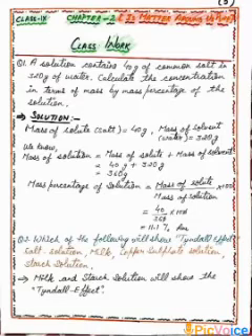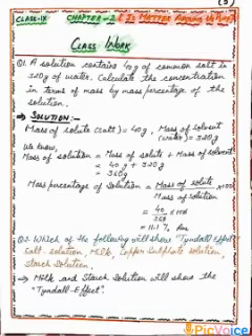Now, putting the value of mass of solute and mass of solution in the above formula, we get the concentration of solution or mass percentage of solution. The formula of mass percentage or concentration of solution is equal to mass of solute upon mass of solution multiplied by 100.